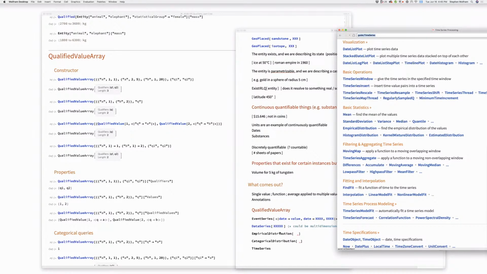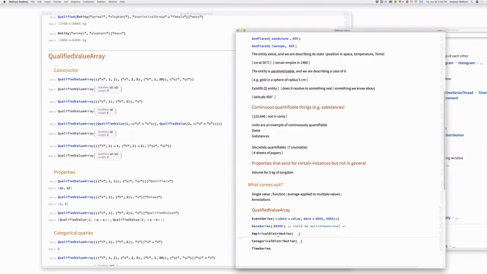Oh, I see. The empirical distribution is just the histogram of values. Right, a different issue, which is the empirical distribution of temperature values or whatever, or of density values, for instance.